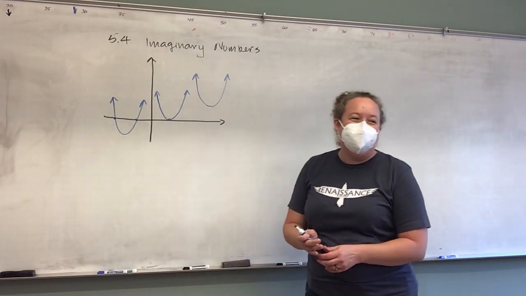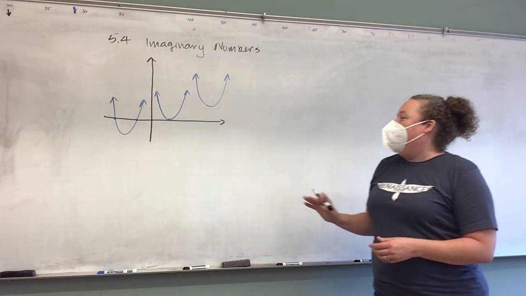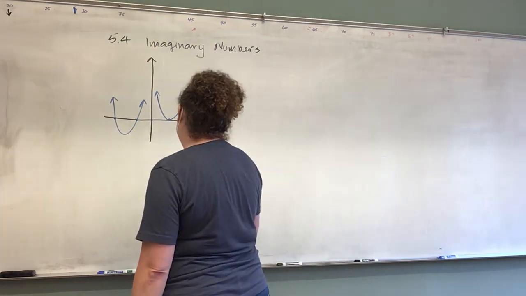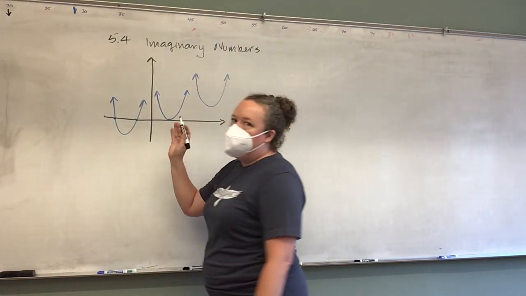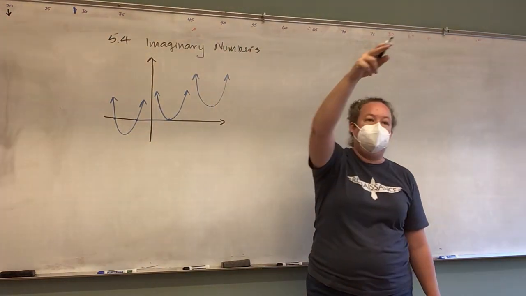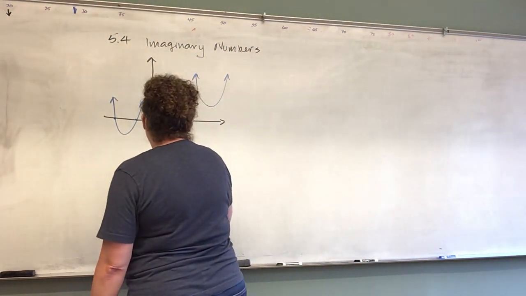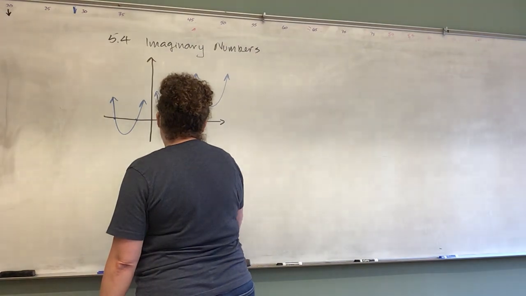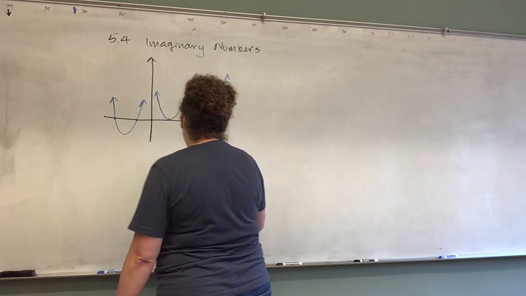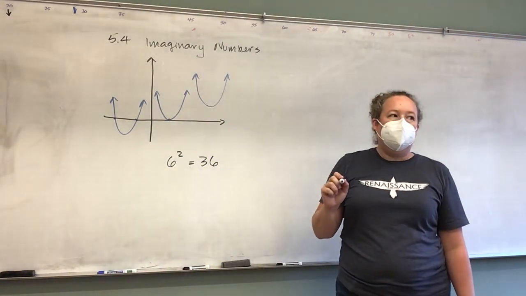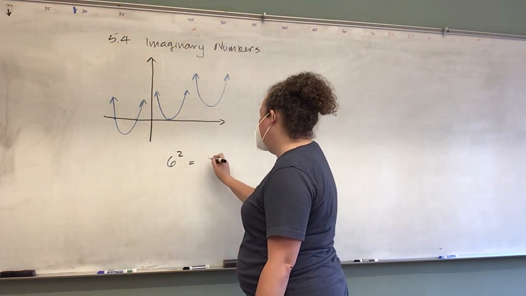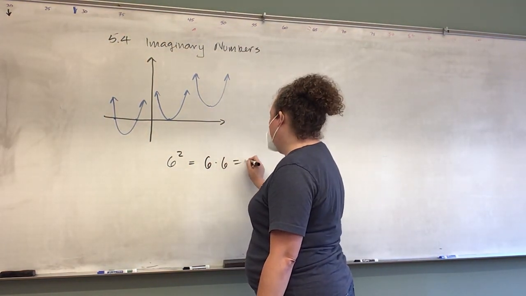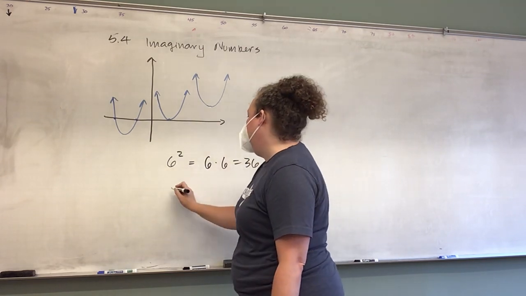Okay, so where then do imaginary numbers come from? Let's take your favorite perfect square, Merlin. If we square 6, we get 36. In other words, 6 times 6 is 36.